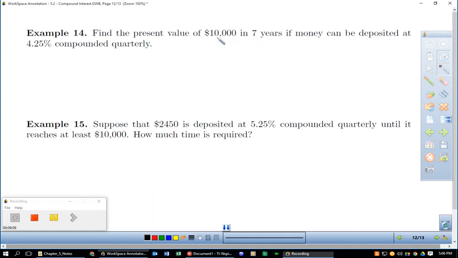Find the present value of $10,000. So we want to find P. That is our A, in 7 years, T, if money can be deposited at 4.25% compounded quarterly. It's going to be almost exactly the same.